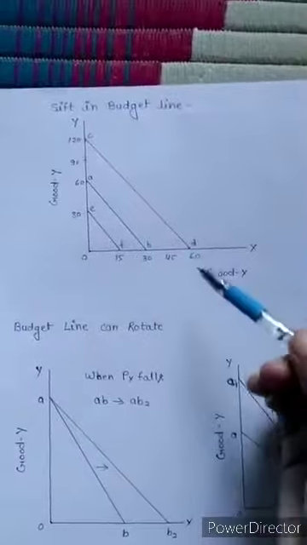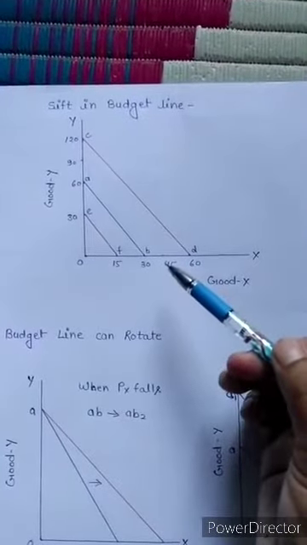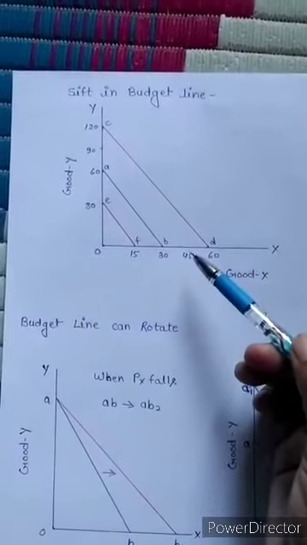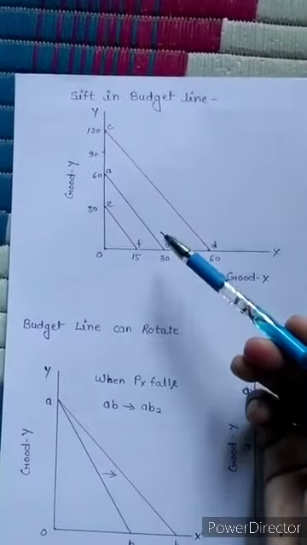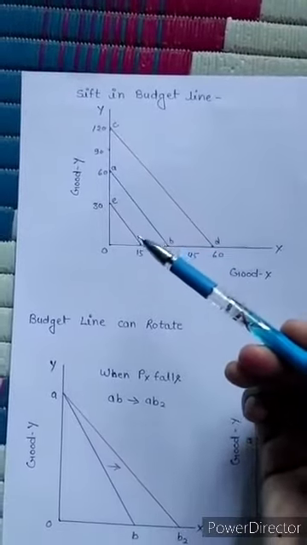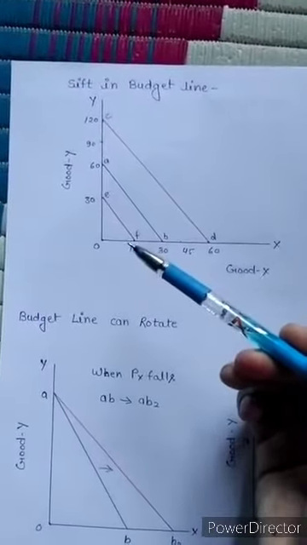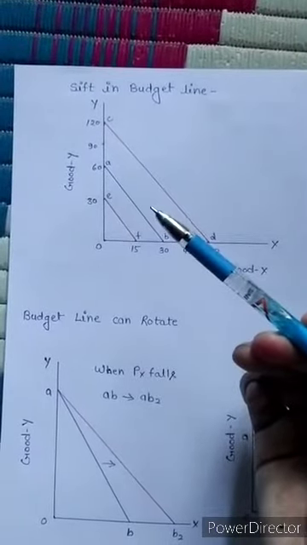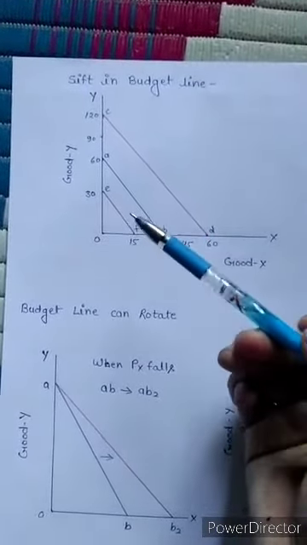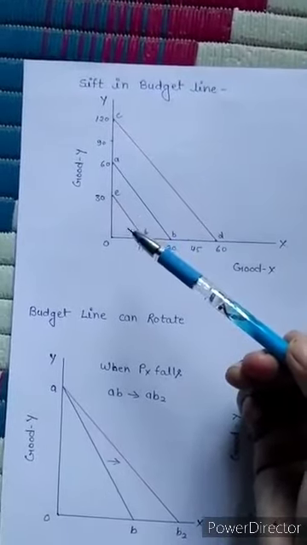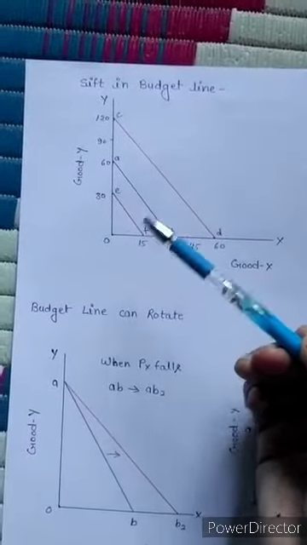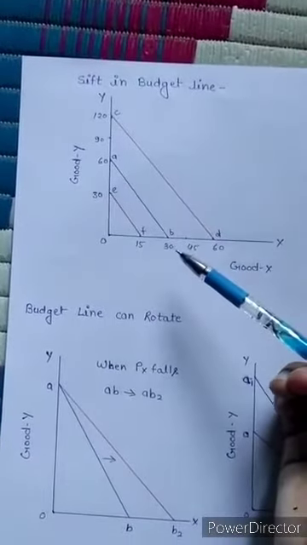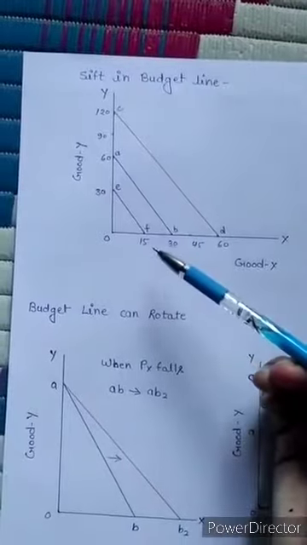Now, there is another condition. If the consumer income decreases, the budget line shifts from upward to downward. Now imagine the consumer income decreases from 60 to 30 rupees. If the consumer income decreases, the budget line also shifts from upward to downward, from AB to EF.